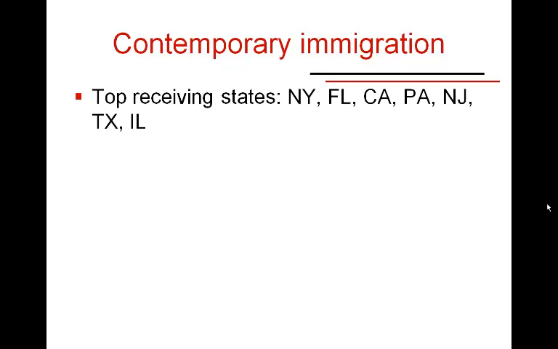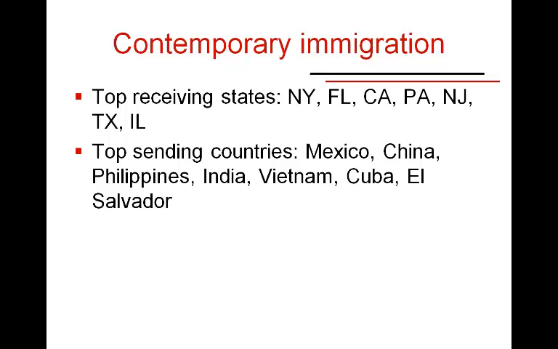In terms of contemporary immigration, in 2010, the census showed that top states receiving new immigrants included New York, Florida, California, Pennsylvania, New Jersey, Texas, and Illinois. Not really anything surprising there. The top sending countries at the time were Mexico, China, the Philippines, India, Vietnam, Cuba, and El Salvador.